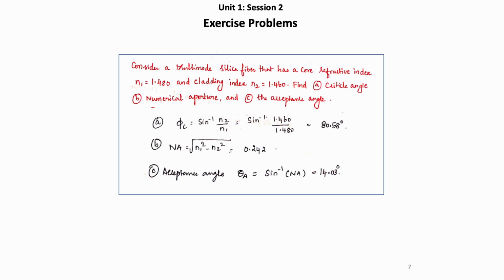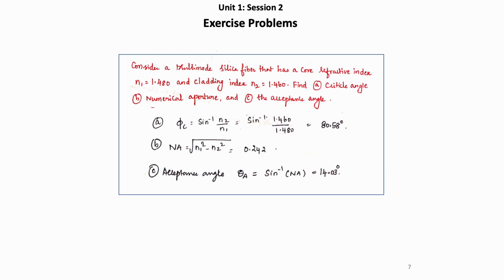The critical angle phi c is equal to sine inverse of n2 by n1, because one angle should be 90 degrees. They have directly given the values, so we can substitute n2 by n1 and get the value. For the numerical aperture, we have many formulas, so we can go for the square root of n1 square minus n2 square, and there we can get the value of the numerical aperture.